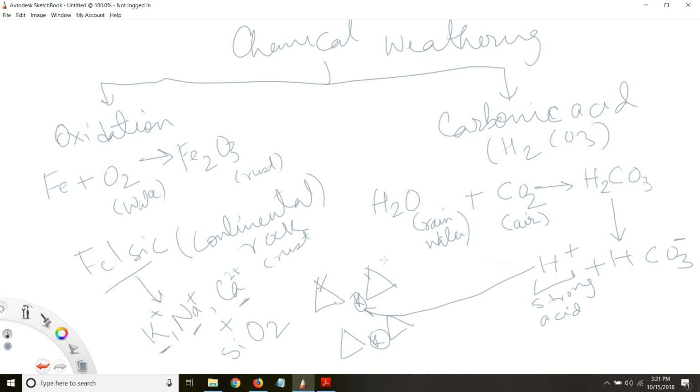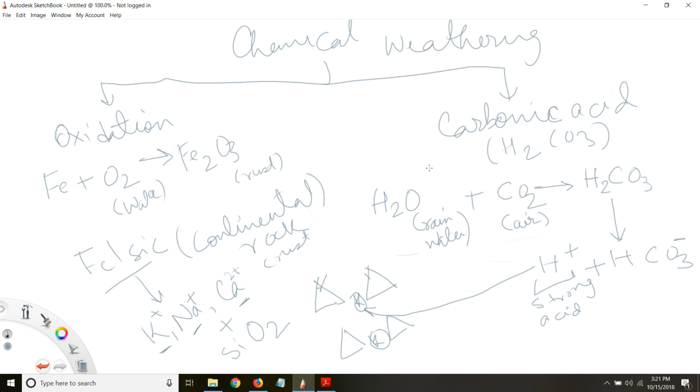That is a type of chemical weathering where the chemical structure of the original rock is altered by this H plus ion, and this H plus is coming from rainwater combining with CO2 in the air. This is why it is a big concern that weathering is being accelerated as we add more and more carbon dioxide into the atmosphere.